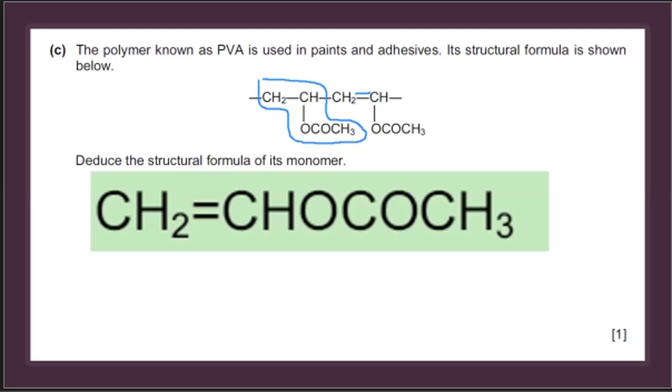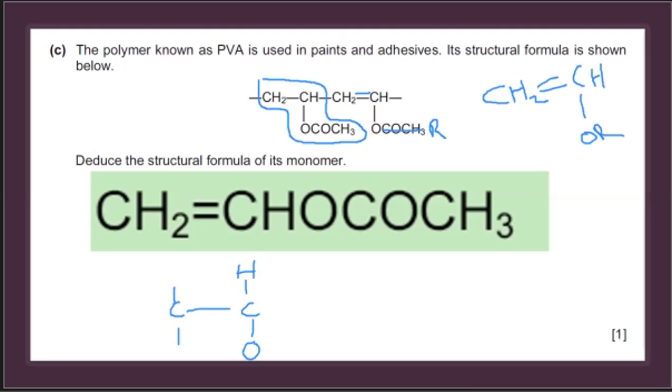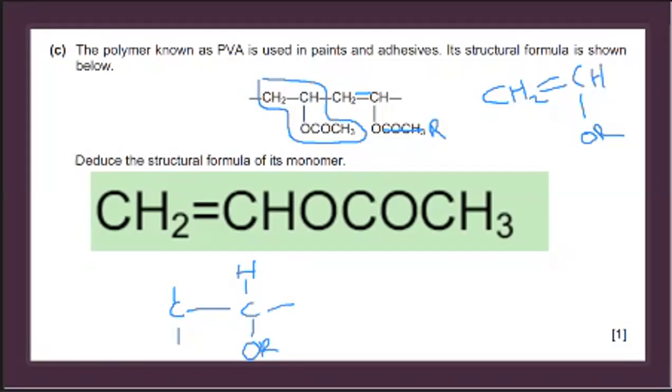Instead of putting COCH3, I could have just replaced this with R. So you know that as the rest of the group. So if I were to simplify it, it would have been CH2=CH-OR. And that makes it look a lot easier. So when the unit is repeated now, you have C, H, H, C, H, O, R. And that's the unit that is being repeated.